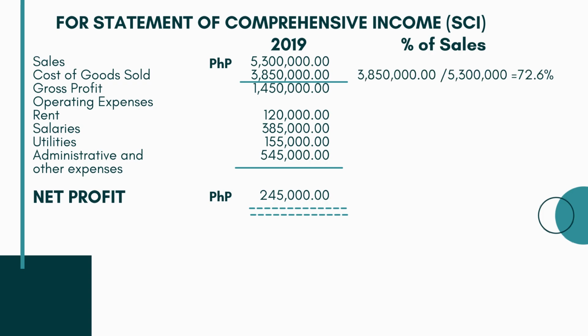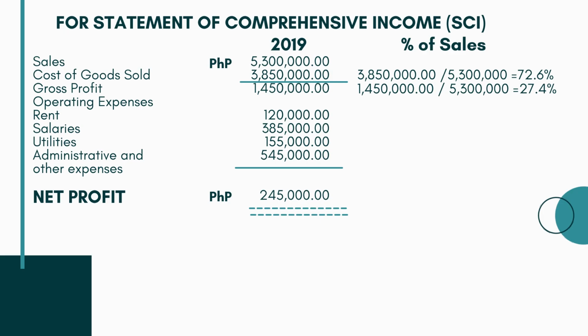In cost of goods sold, 3,850,000 divided by 5,300,000 equals 0.72 times 100 is equal to 72.6%.